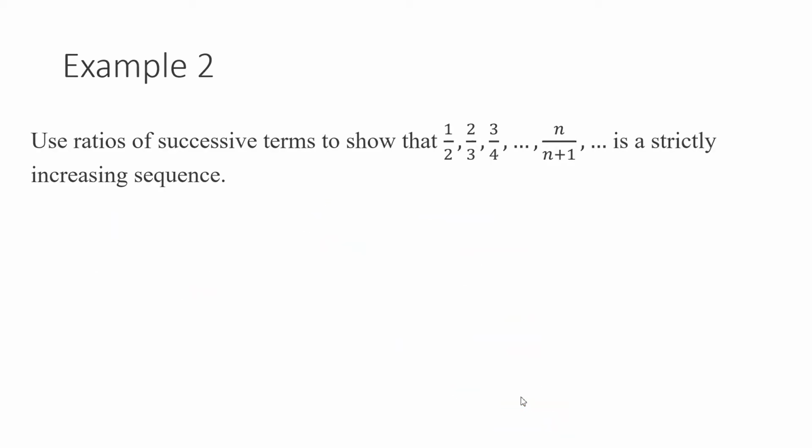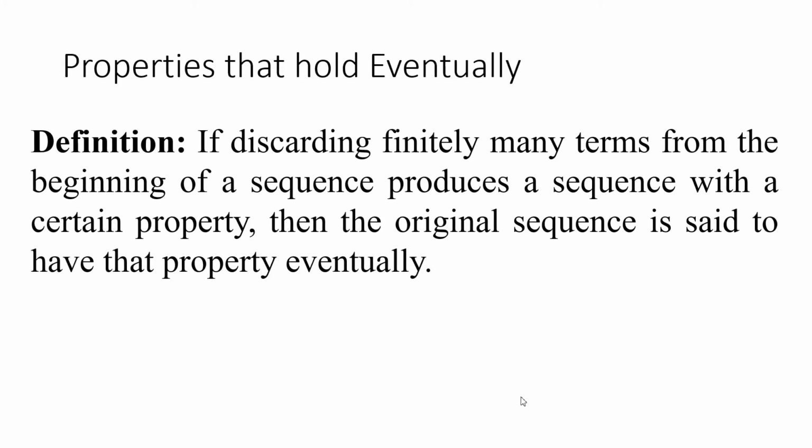Okay, properties that hold eventually. In this case, we have our definition. Sometimes the sequence will behave erratically at first and then settle down into a definite pattern.